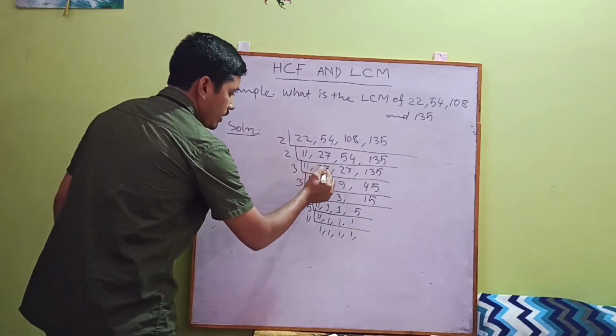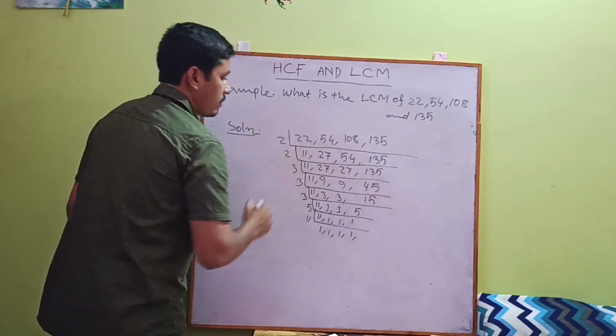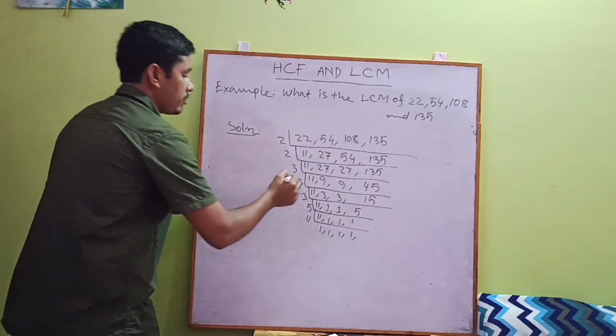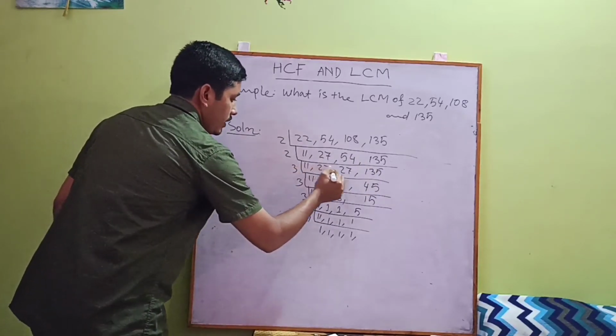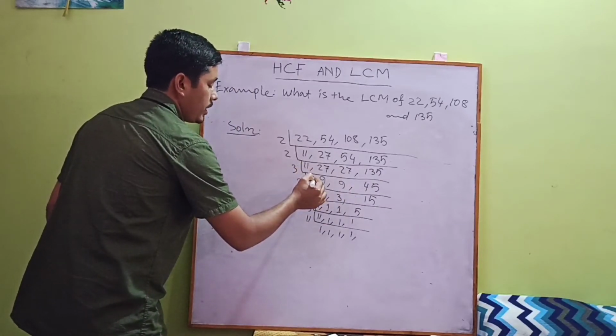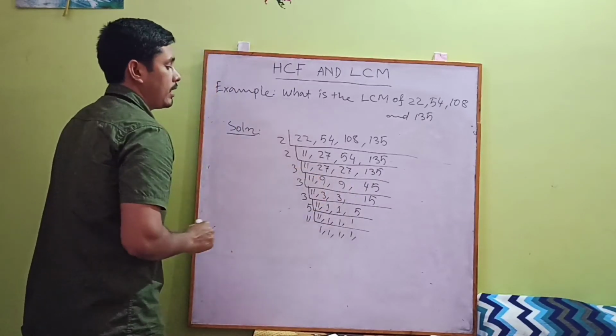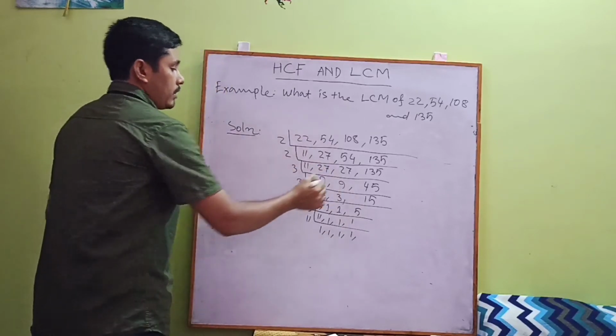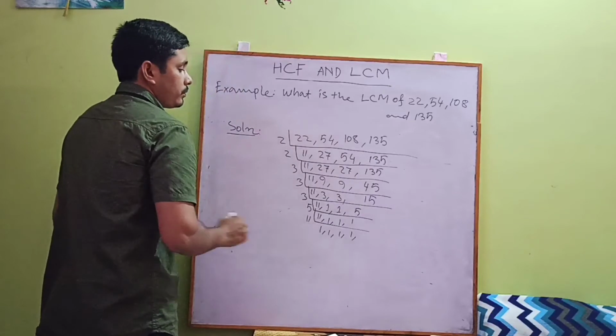Now these three numbers are divisible by 3. Okay, that's why we divide these numbers by 3. But 11 is not divisible by 3, we need to write it the same below. 27 divided by 3 is 9, 3 nines are 27, and again 9.